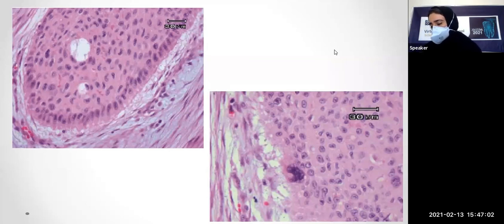About squamous cell carcinoma, we maybe don't have this peripheral palisading and reverse polarization of the peripheral cells with this malignancy. But it looks somehow like squamous differentiation.